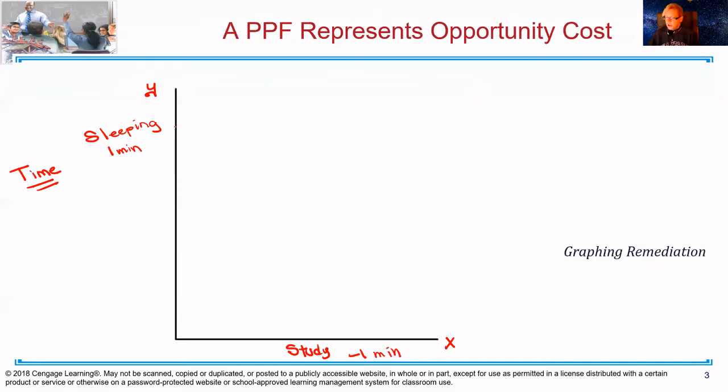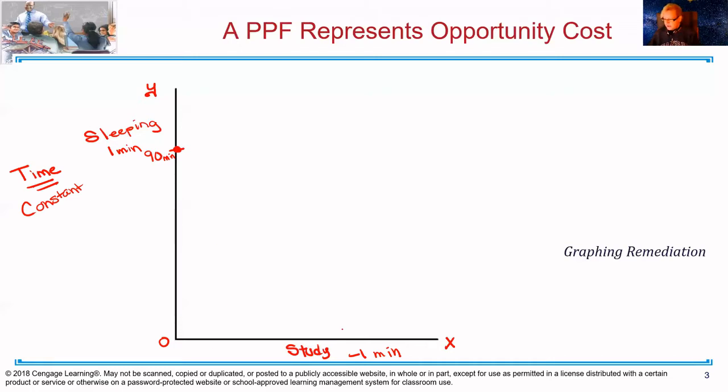Because time is a constant, we're going to say that maybe you're going to spend an hour and a half either sleeping or studying. So I'm going to start here at 0, and I'm going to say, well, if you spend an hour and a half sleeping, put 90 minutes there, that is one possibility that you could do, okay?